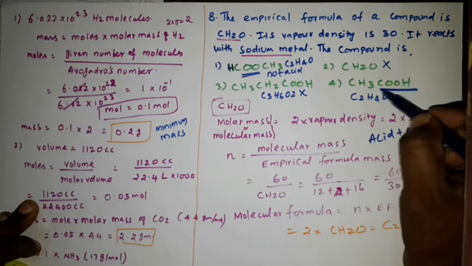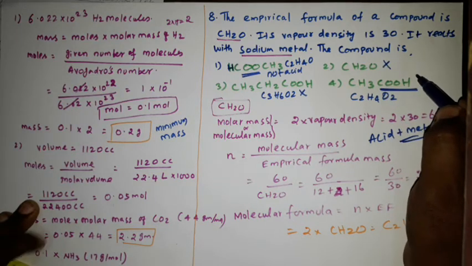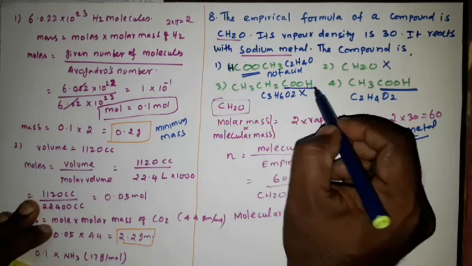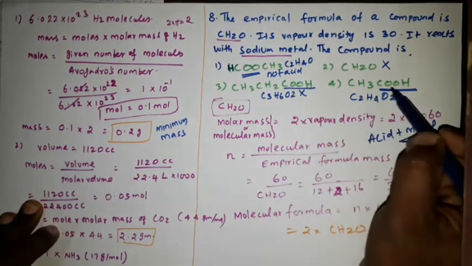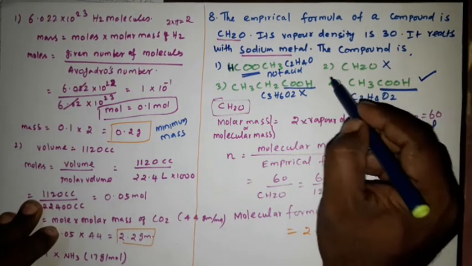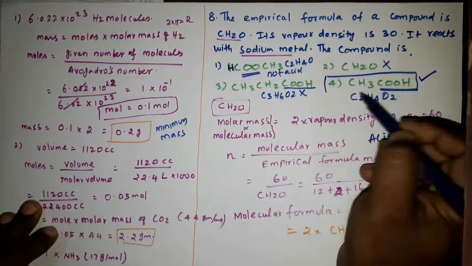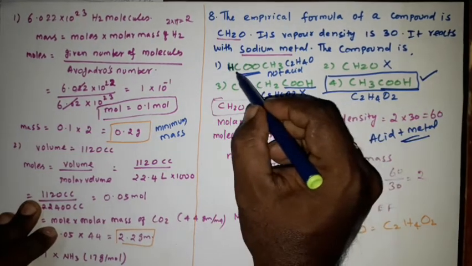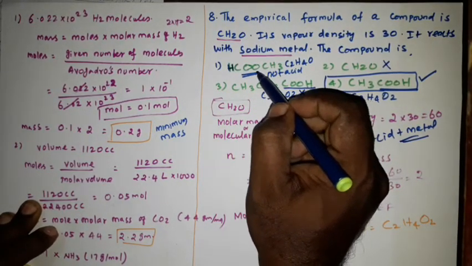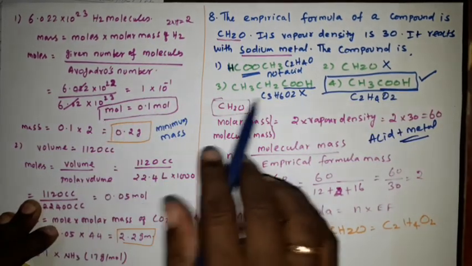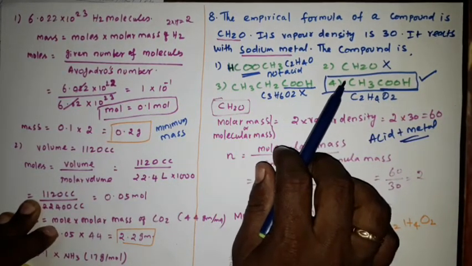If that COOH group is there, then that is acid. Here also COOH group is there, but our molecular formula is wrong. So this is the correct answer. Because this HCOOCH3, this is an ester. It is not acid. It will not react with sodium metal. Clear? So option 4 is the right answer.